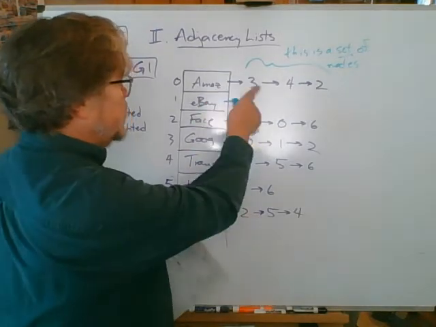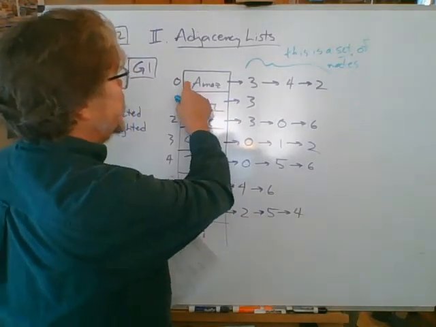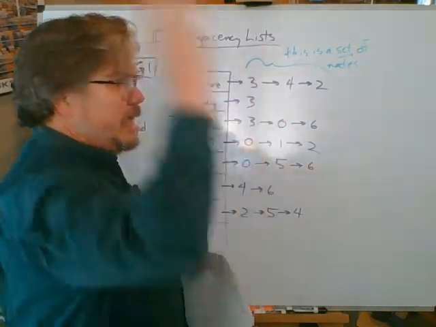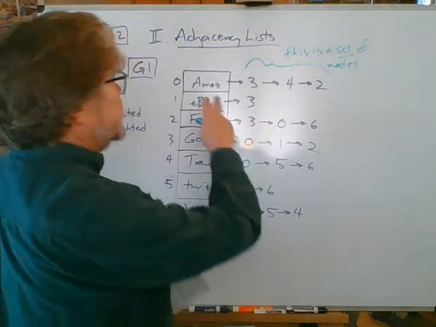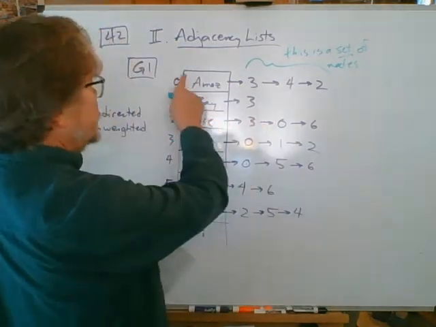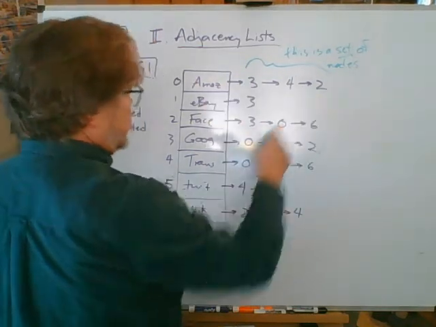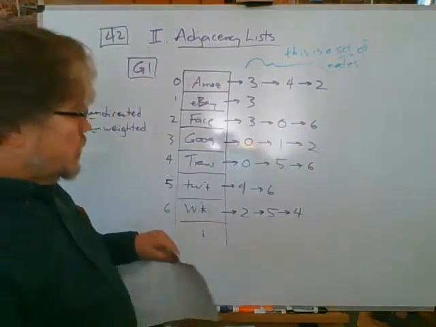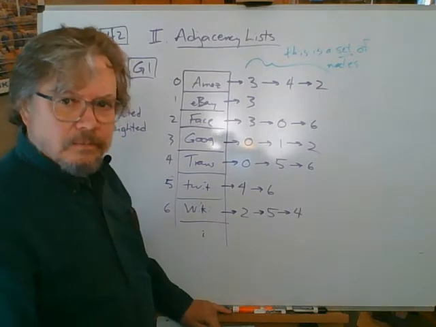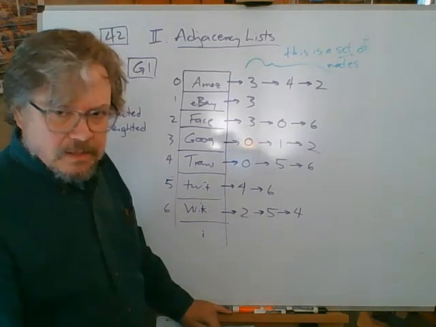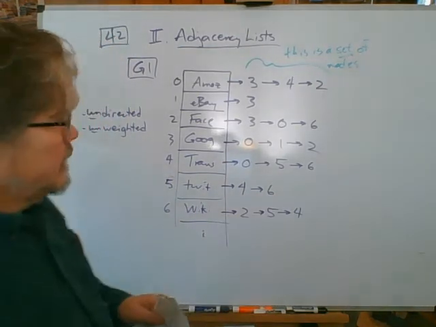This really does look like it's describing a path from node 0 to node 3 to node 4 to node 2. It is not. It's actually 3 separate paths of one arc, from 0 to 3, from 0 to 4, from 0 to 2. So 3, 4, and 2 is the set of nodes that are adjacent to Amazon.